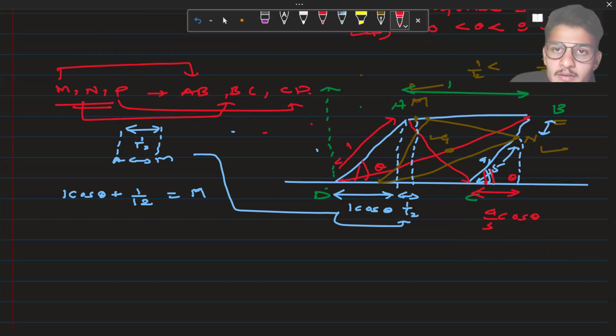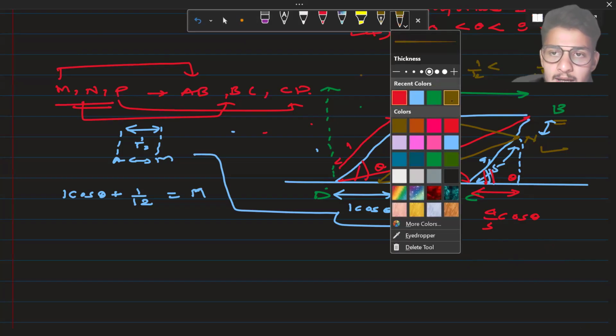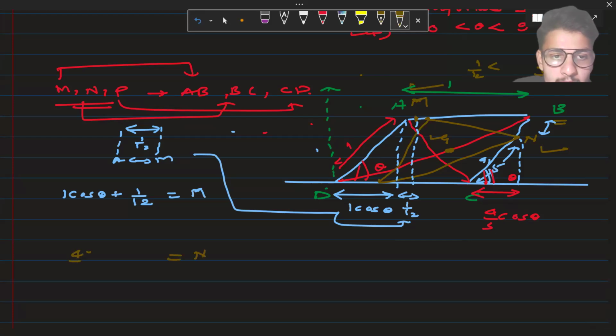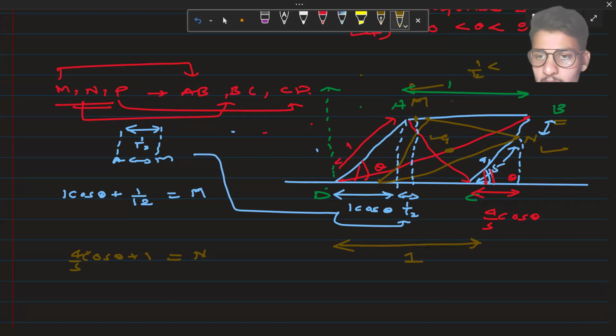If you write the coordinates of N, what will you observe? Its x coordinate is 4/5 cos theta plus 1. This will also be added. Never forget this one. Its x coordinate will be this 1 plus this 4/5 cos theta. Why this 4/5 cos theta?